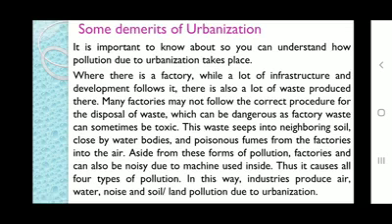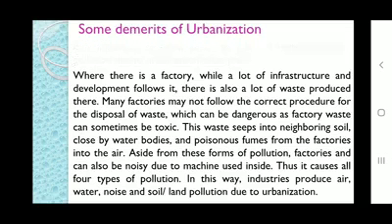This waste seeps into the neighboring soils and nearby water bodies, and poisonous fumes from the factories go into the air. Aside from these forms of pollution, factories can also be noisy due to machines used inside. Thus it causes all four types of pollution. In this way, industries produce air, water, noise, and soil or land pollution due to urbanization.